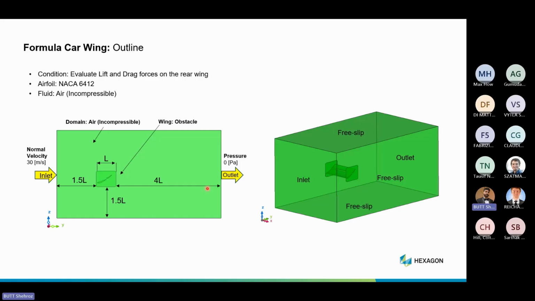For example, if your geometry is large and your velocities are far higher, you might need to play with these numbers. But the overall goal is obviously to capture the flow as accurately as possible.